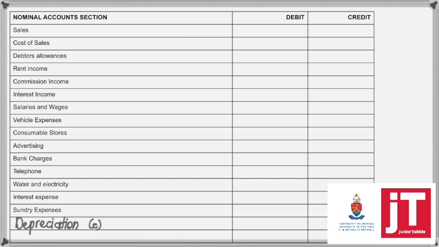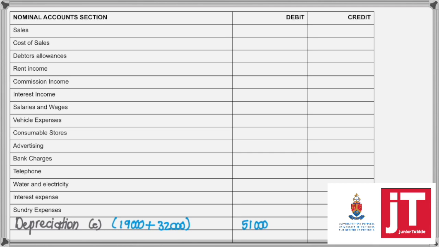So back to the first one, which is depreciation. Remember depreciation, we have to add the depreciation for equipment and for vehicles into the depreciation account. So 19,000 plus the 32,000, always show it please, 51,000 Rand. And remember, depreciation will never be in a pre-adjustment trial balance.